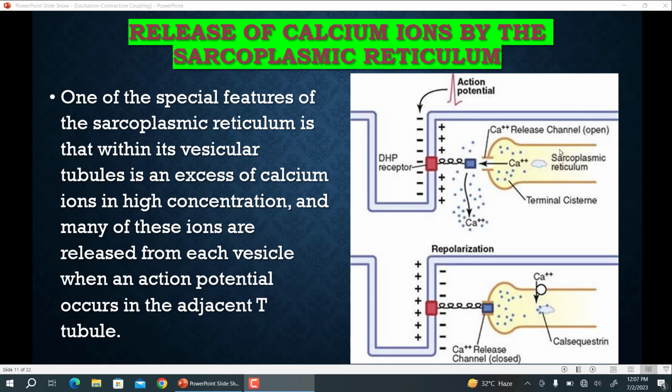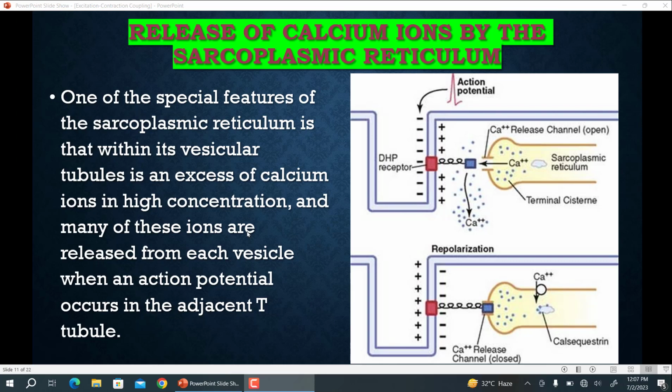Remember, this is the sarcolemma, these are T-tubules, and this is the interior of the cell. These are the sarcoplasmic reticulums, and these are the ends of the sarcoplasmic reticulum, which are cisternae or chambers. In these chambers, a high concentration of calcium is present.